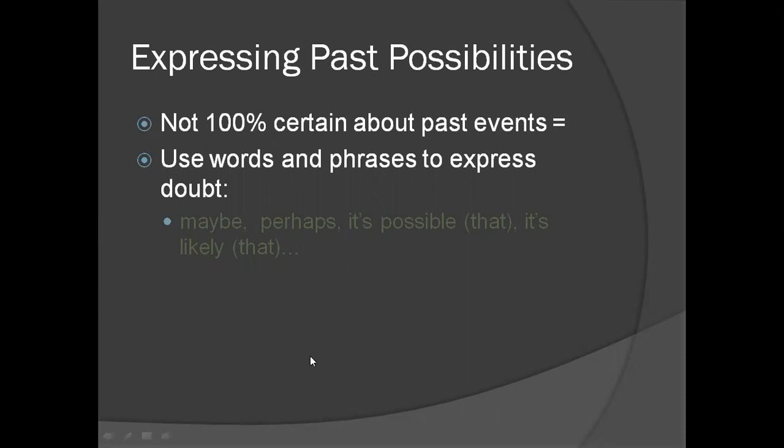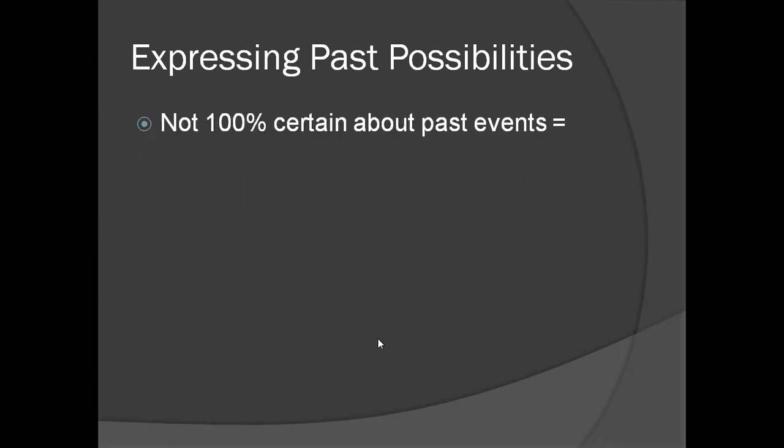These are some of the phrases that you may use. Which modal verbs can you use when you're not sure about past events? May, might, could, must are the modal verbs that you use to talk about past possibilities.